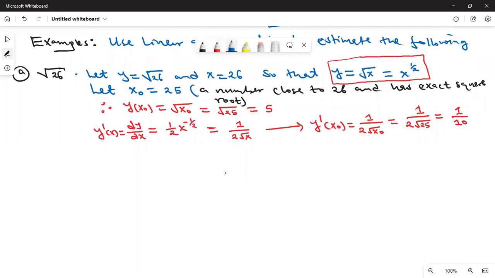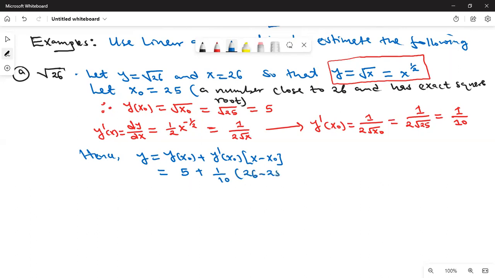So, hence, y should be equal to y at x naught plus y prime at x naught times x minus x naught, which you can also write as y at x naught, we got 5, plus y prime at x naught, we got 1 over 10, times x, which is 26, minus x naught, which is 25.